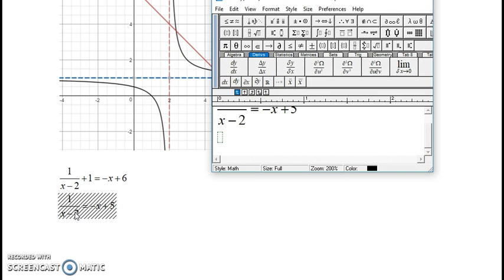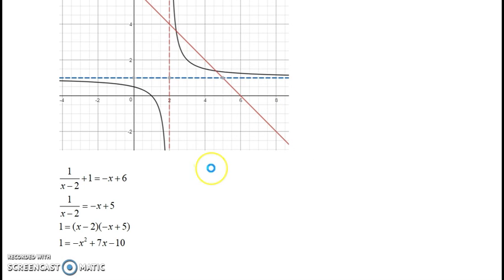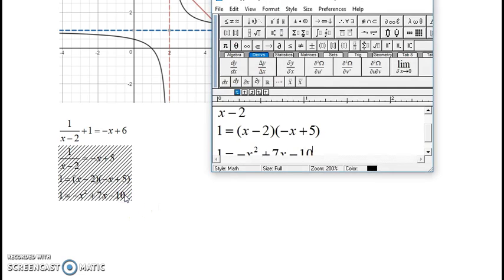So when I do that, I'm going to get 1 equals x minus 2 times negative x plus 5, which works out to be negative x squared plus 5x plus 2x, that's plus 7x, and then minus 10. And the way to solve a quadratic is to bring all the terms to one side, set it equal to 0, and then probably use the quadratic formula.